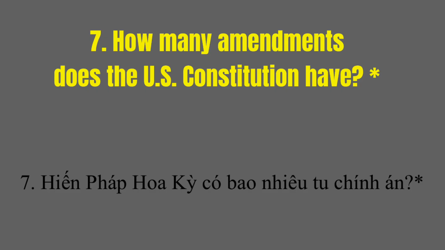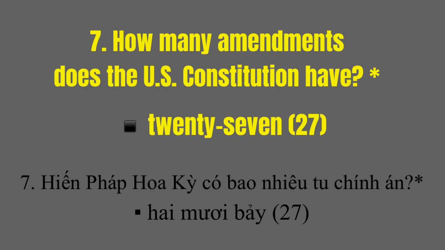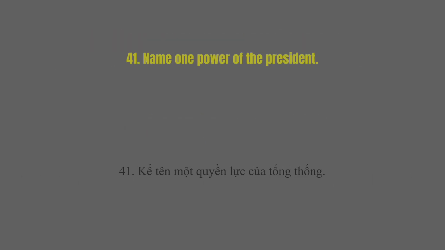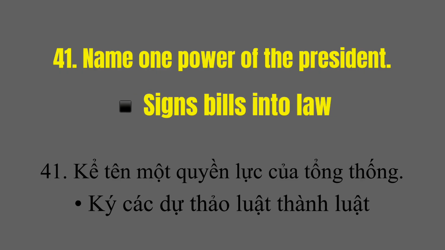How many amendments does the U.S. Constitution have? 27. Name one power of the President. Signs bills into law.